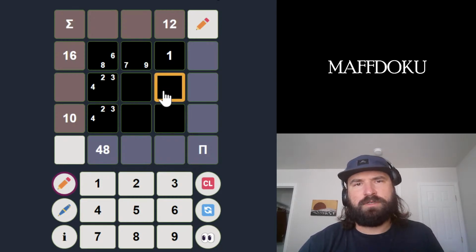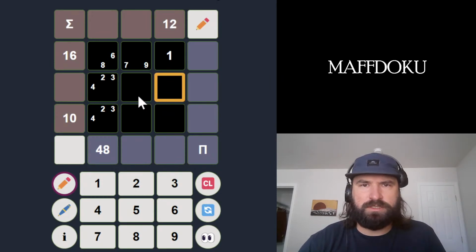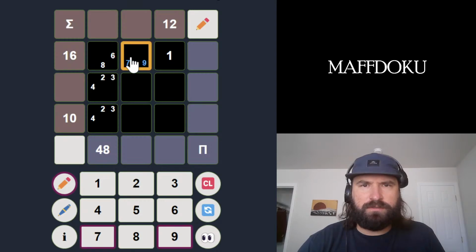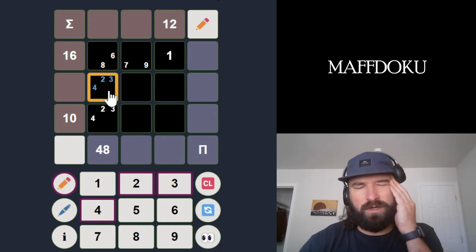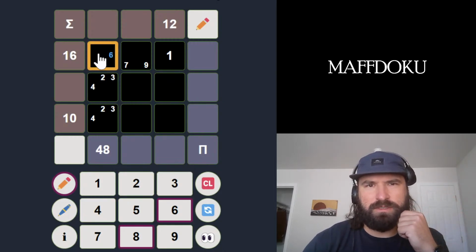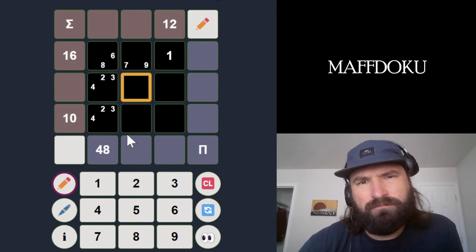The only way to get to 15, you have to use all numbers that are 6 or larger. And I needed these to add up to 15. So whichever way these add up to 15, this has to go the other way. I think that means this has to be a 4, and if this has to be a 4, that's going to tell us what this is. Is that true? I think what I'm saying is correct.